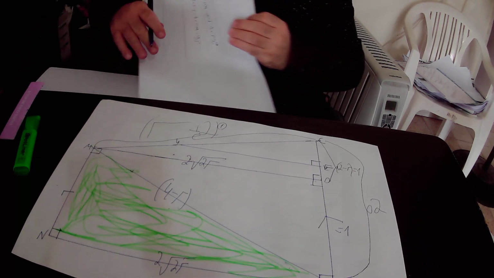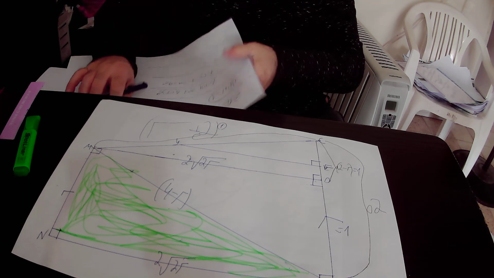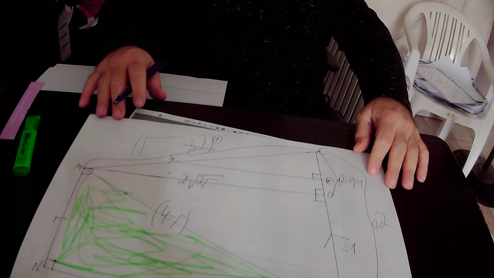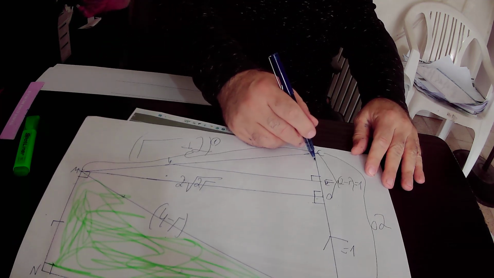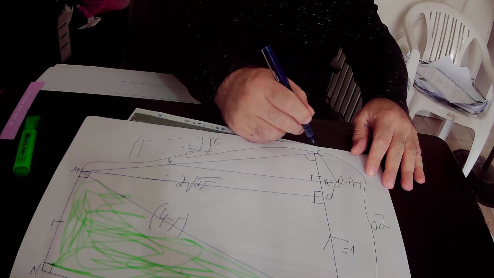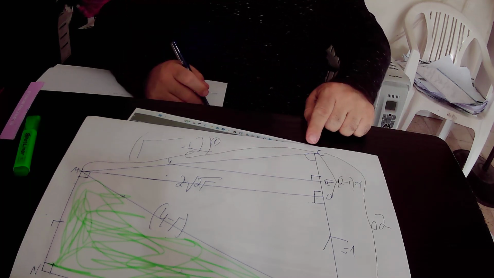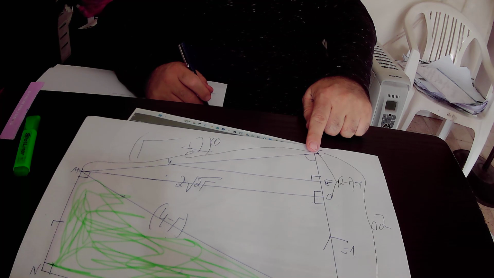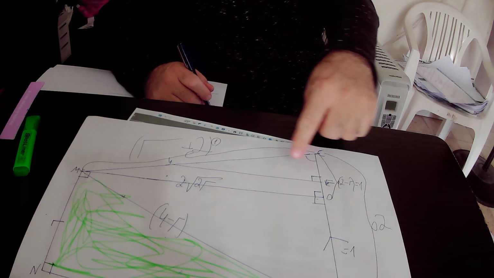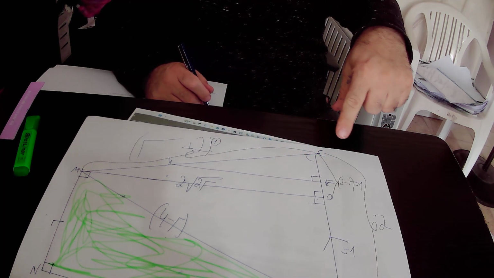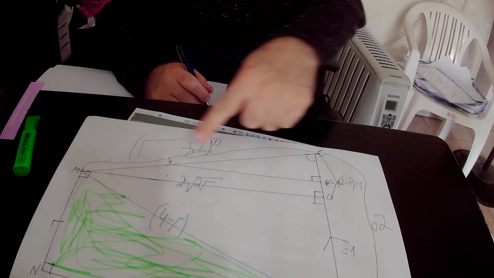And we also know that this angle C is a common angle because angle C belongs to triangle CEY and angle C also belongs to triangle CDM.